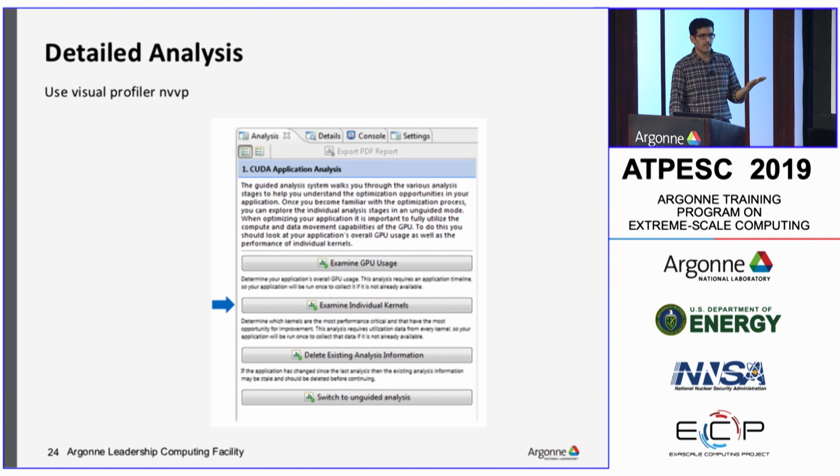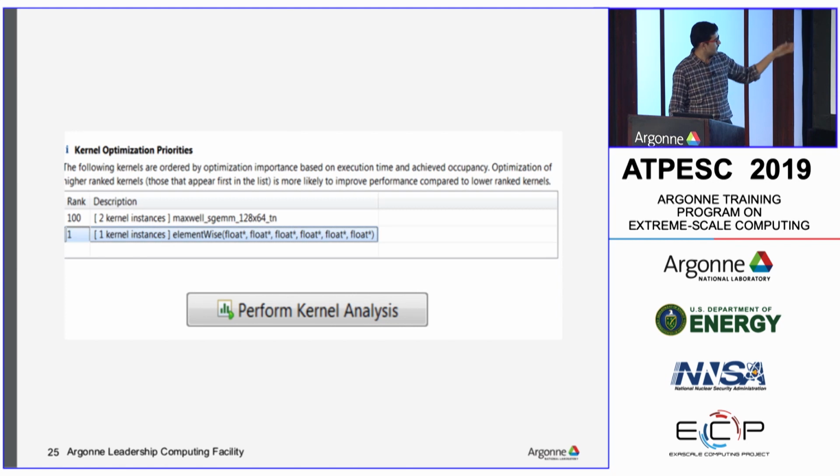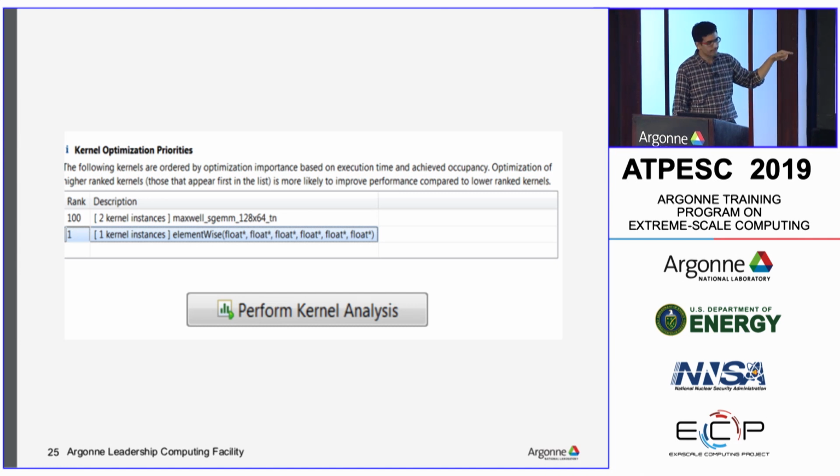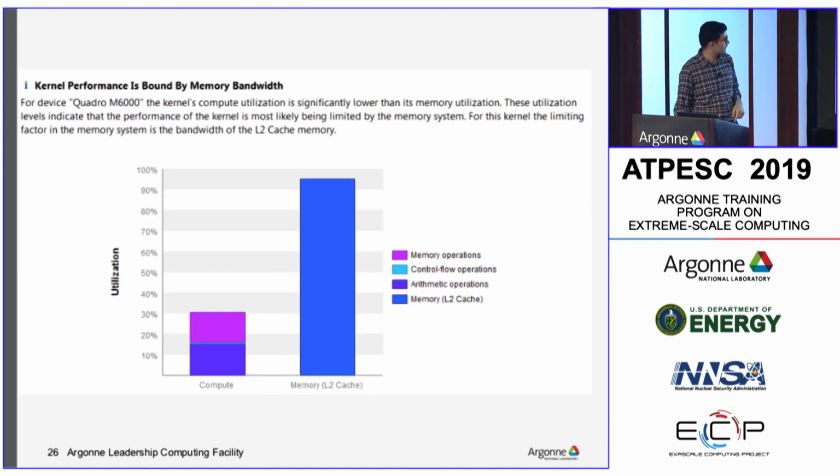If you're using NVVP, the visual profiler, once you launch the user interface you can select to profile an individual kernel. These are the list of kernels, in one sample example. You can pick the kernel that you want and perform a detailed kernel analysis.